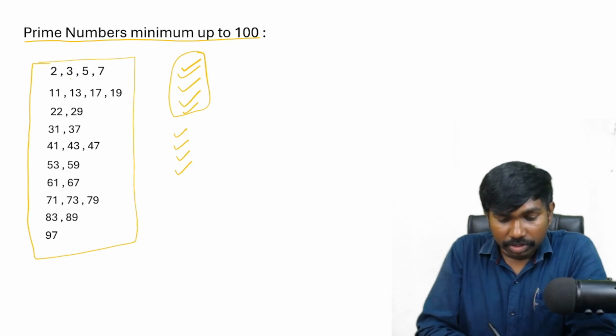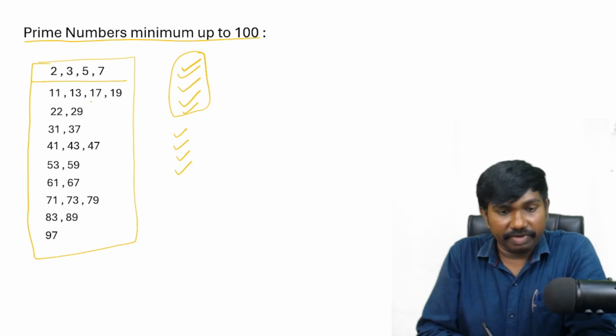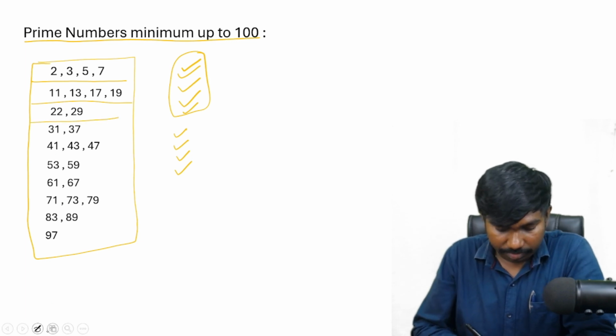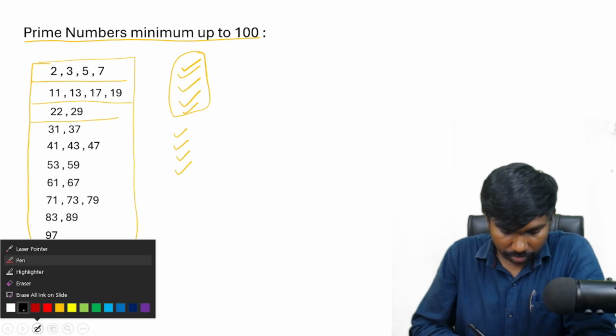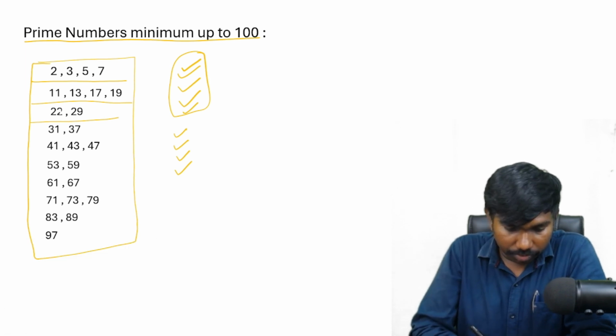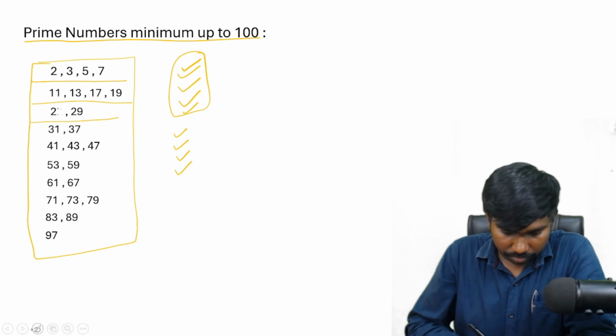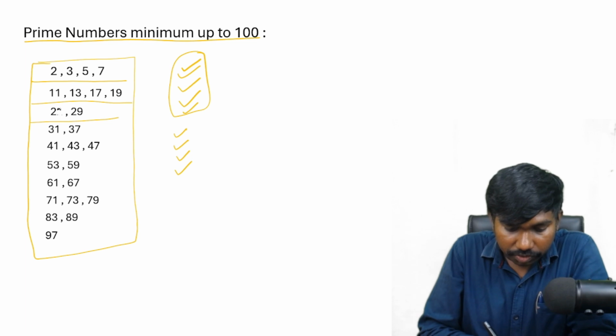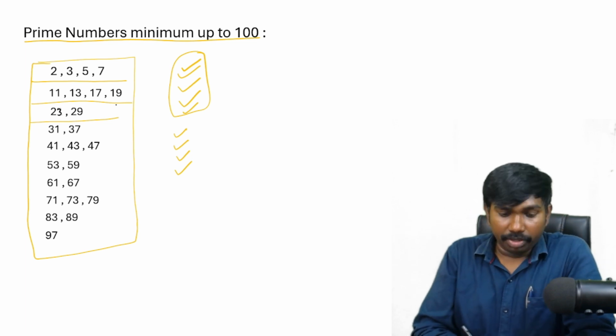Okay, so see, in the first 10 numbers: 2, 3, 5, 7. Next 10 numbers: 11, 13, 17, 19. Next 10, it is not 22, it is 23, sorry.